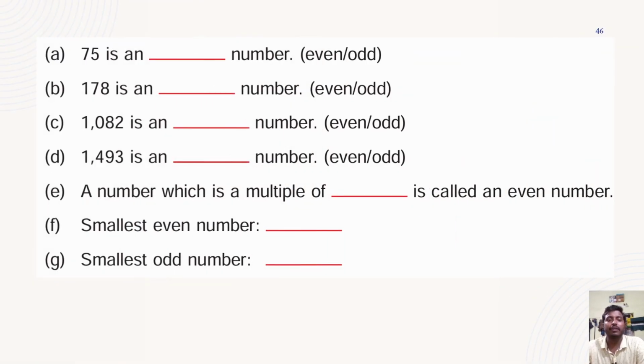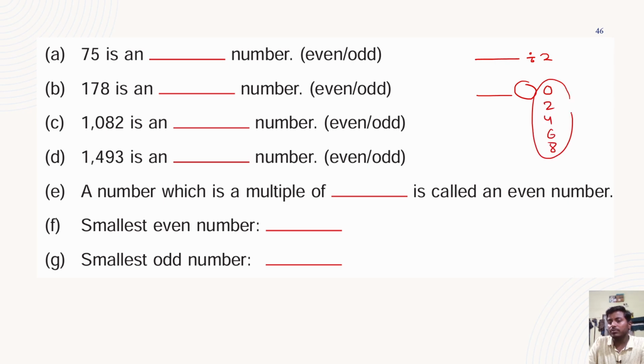Understand? Next. Odd and even. What is odd and even? The number which is divisible by 2 is called an even number. Simply remember that the numbers whose unit place is 0, 2, 4, 6 and 8 are even numbers, otherwise odd numbers. So tell me, 5 is odd, 8 is even, 2 is even, 3 is odd.